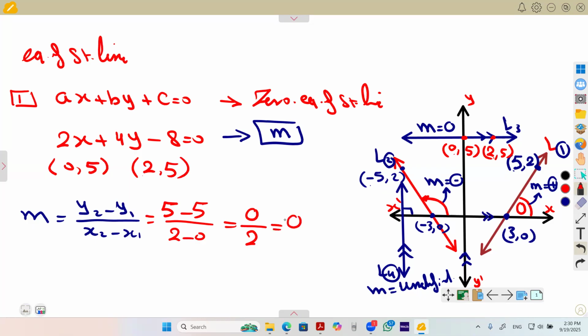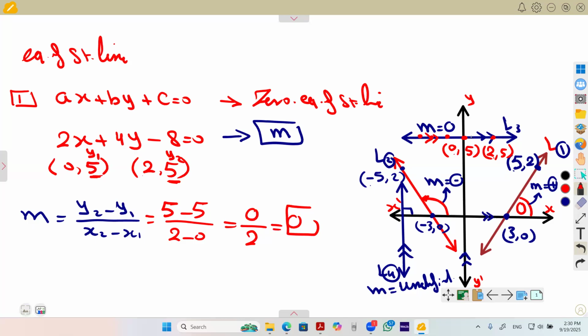It's 0. So if we have any straight line parallel to the x-axis, its slope is 0. Why? Because y2 and y1 are constant, the same number. All the points on this line have y equal to 5.